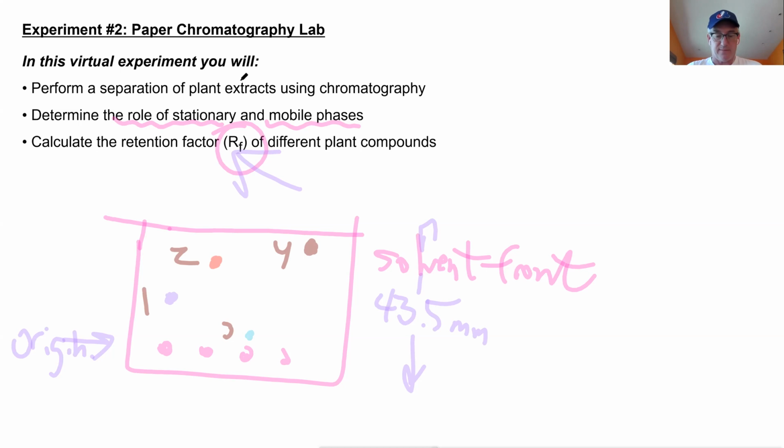You're close, Jovan. It's the other way around. Reversely. Yeah, you measure this distance between the spot and the origin. What's our shorthand for that distance?